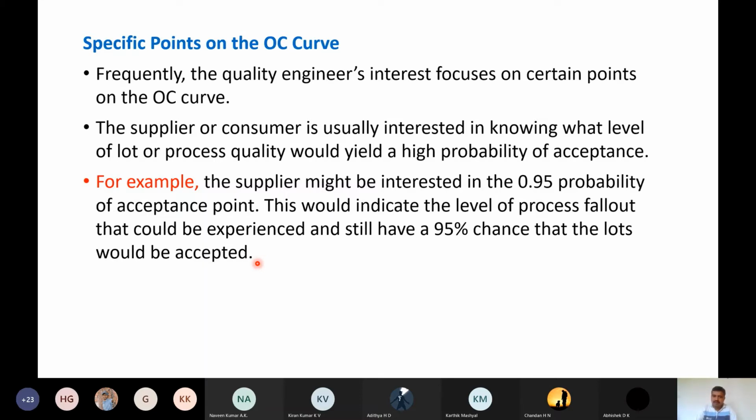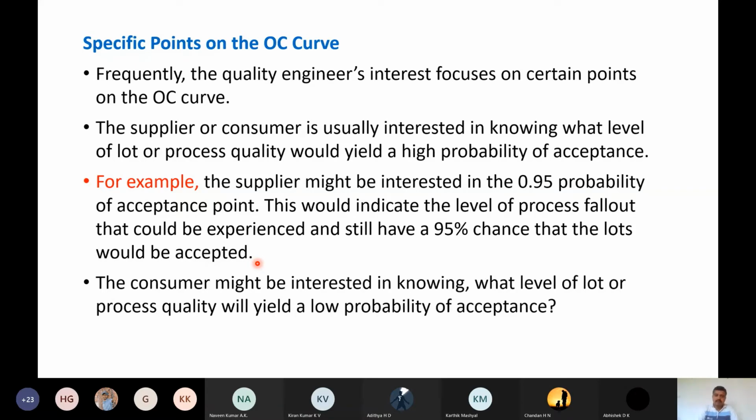You look at a point where, even though there are defectives, the consumer will accept the lot 95 times out of 100, even though it consists of a certain number of defectives. That decision can be made with the help of the OC curve.